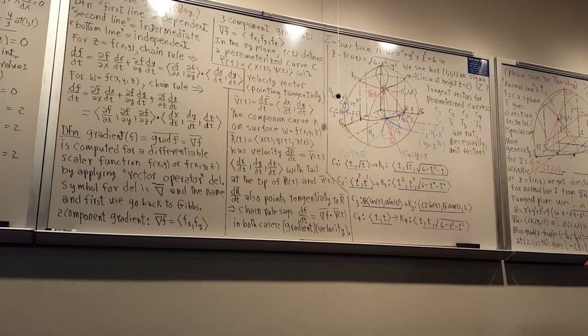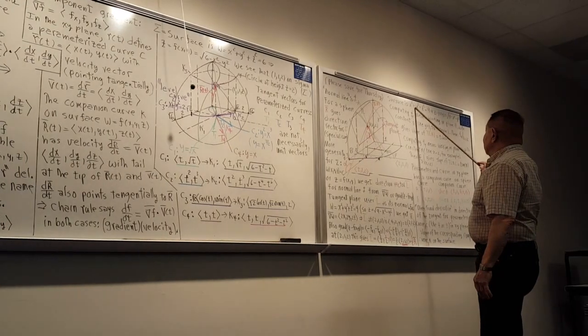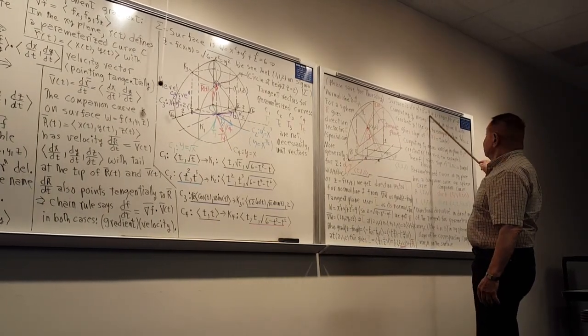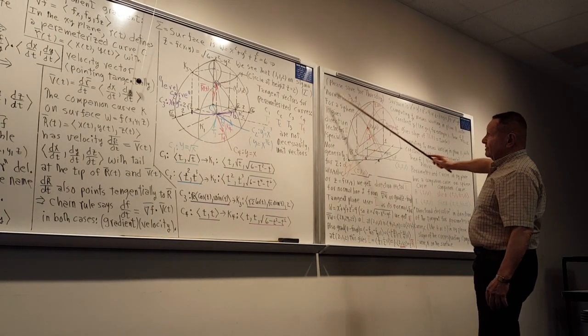So if you have a surface, I'm using the Greek letter sigma as the name of a surface. Say you have a surface like this. Notice it's similar to the one that's still on the board that we worked with last week, but that one is a portion of a sphere with radius 3.